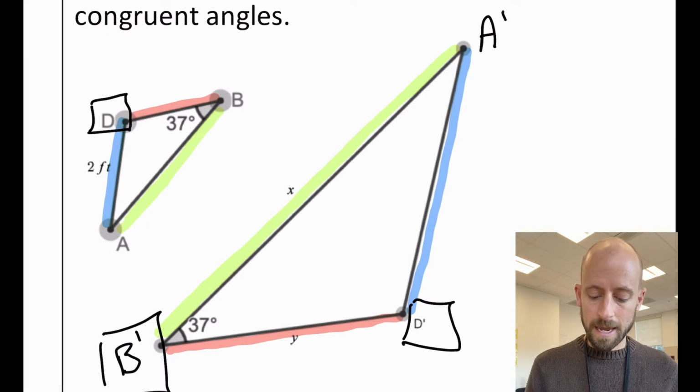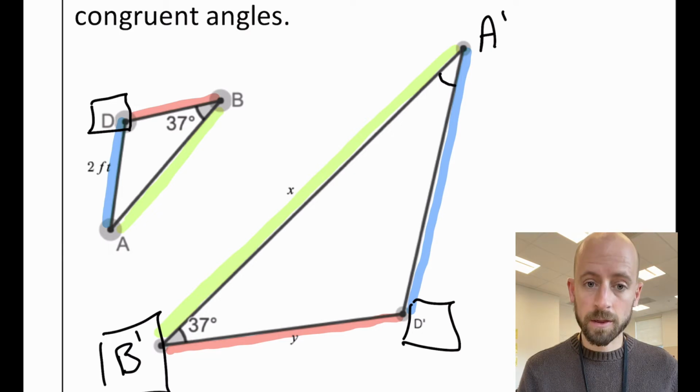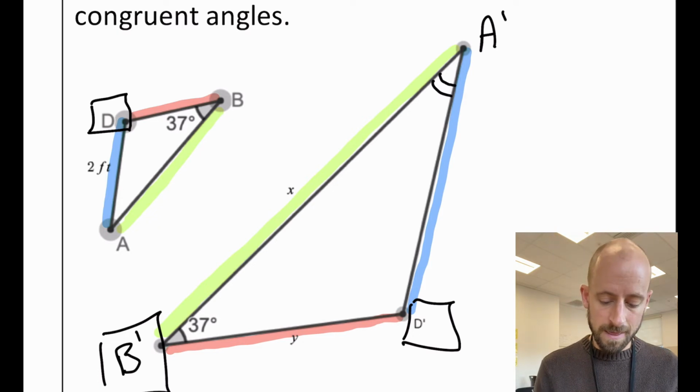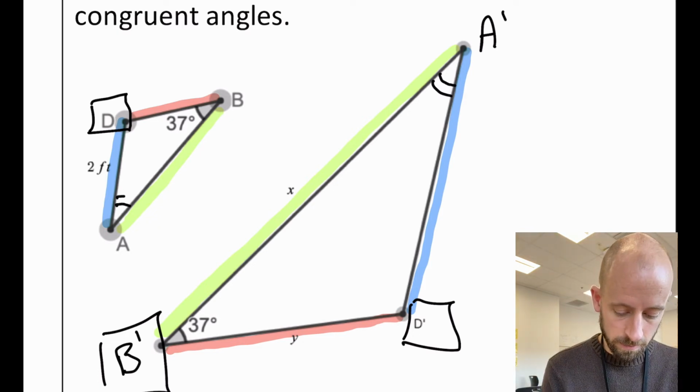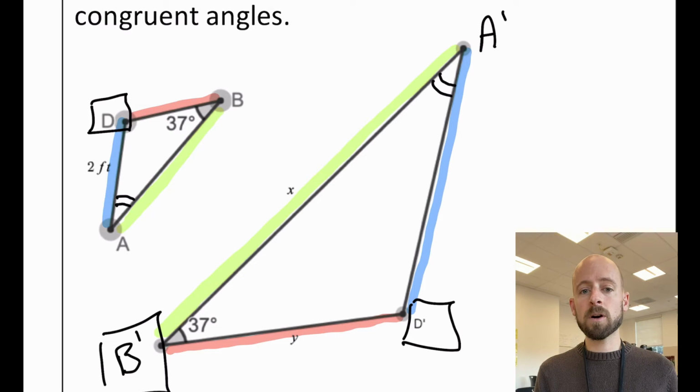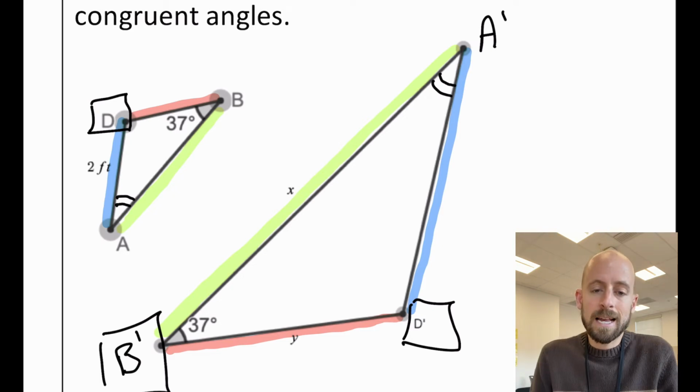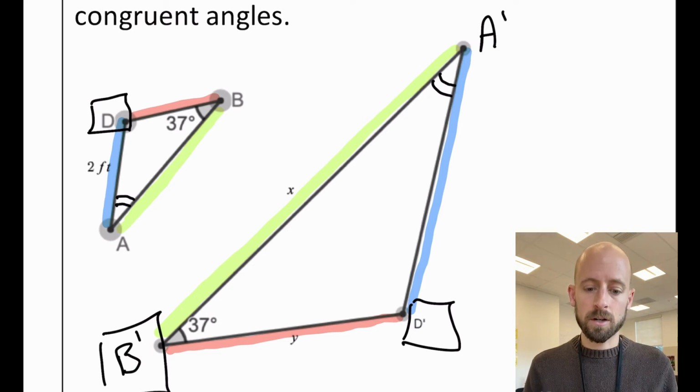So what about where A prime is? At the green side and the blue side, let's put another arc there. I'm gonna use a double arc since the single arc was already used for the B prime corner, the vertex. And that means I'm gonna put a double arc down here. Double rainbow. What does it mean? It means that those 2 angles are congruent, right? All the angles will be congruent. The sides are proportional, but the angles are going to be congruent.